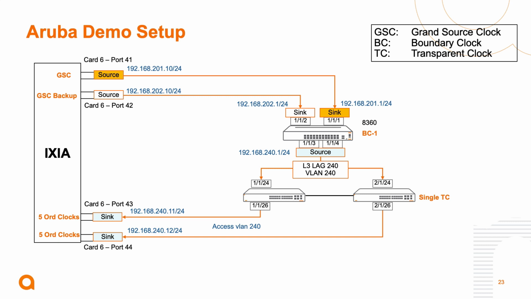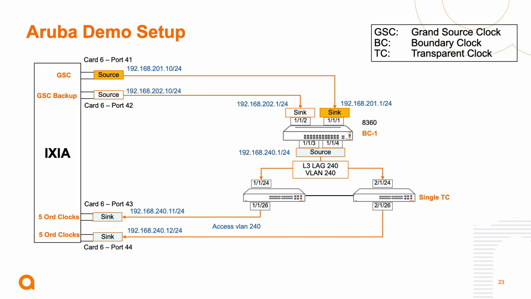If instead you had the transparent clock, in other words the 6300 VSF stack, working in layer 3, then you would have to follow the configuration steps that we showed for multicast when the source and the sinks are not on the same subnet.